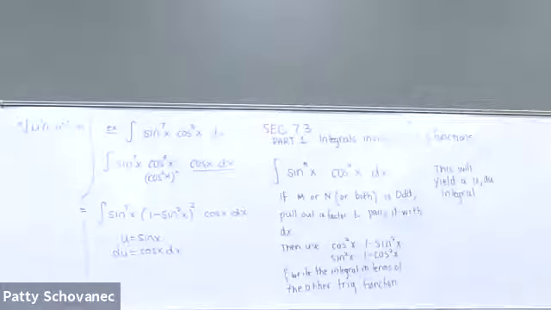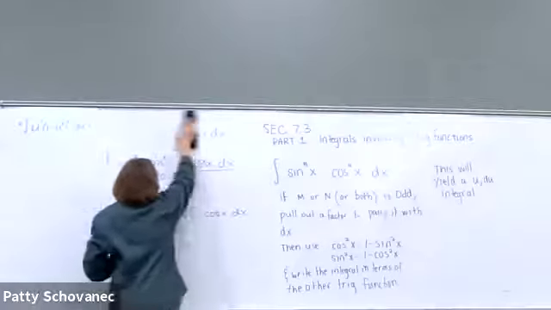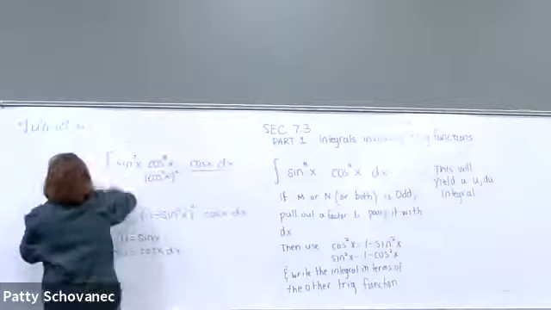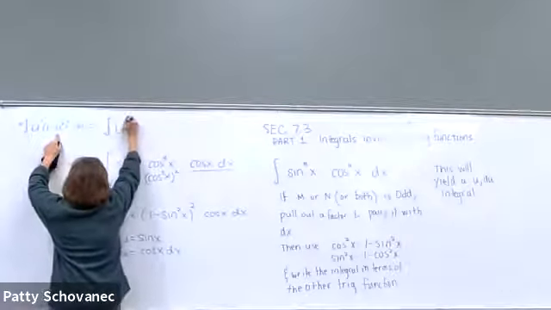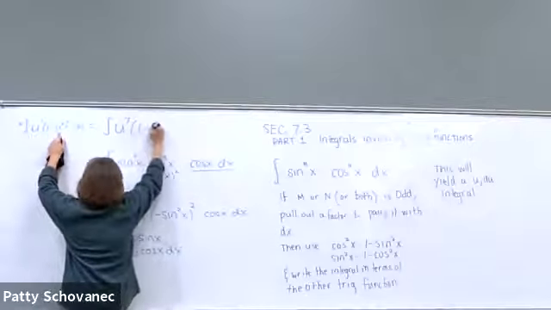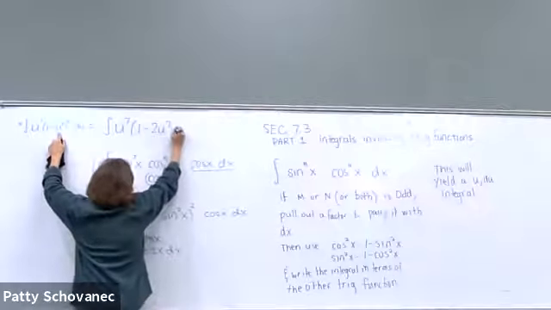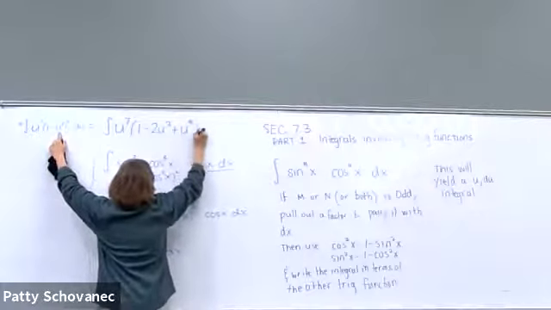So square it, combine terms, we're going to spread it out all the way, and then we'll be able to integrate it. Pull it up here. I got to square the 1 minus u squared, and I get 1 minus 2u squared plus u to the 4th.